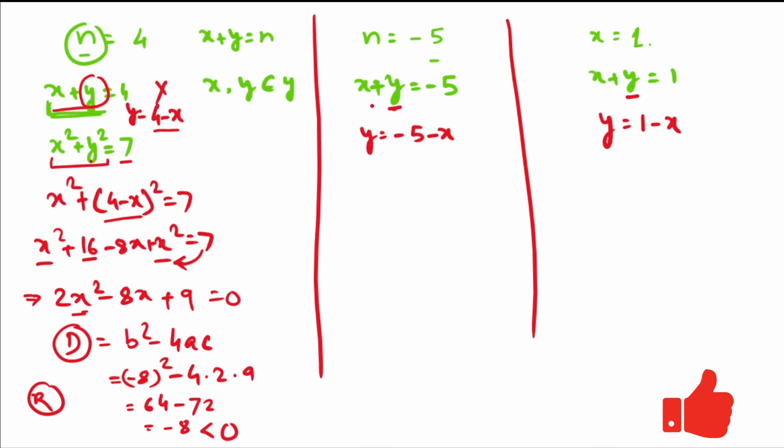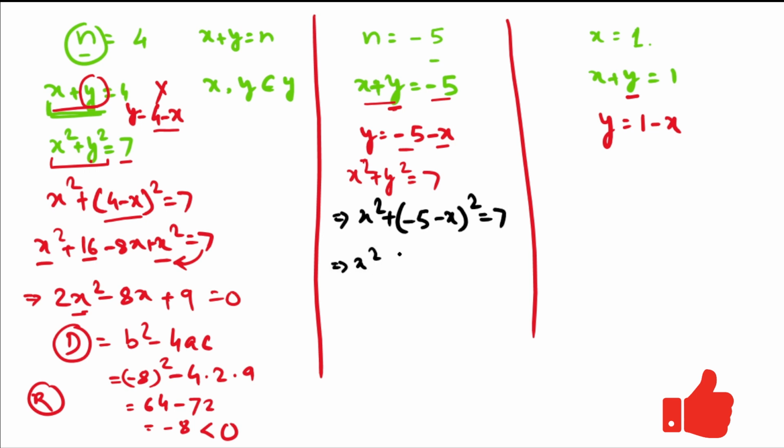Now we'll check x plus y equal to negative 5. Here x square plus y square is equal to 7. In place of y we'll write negative 5 minus x, and its square is equal to 7. Here minus square will be plus, so it is 25 plus 10x plus x square equal to 7.